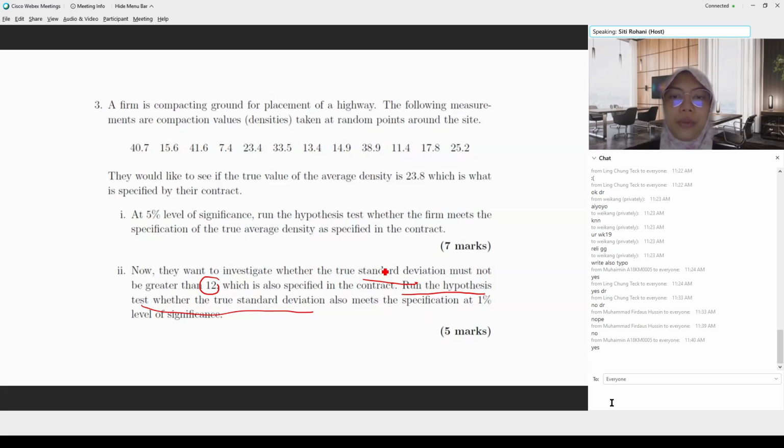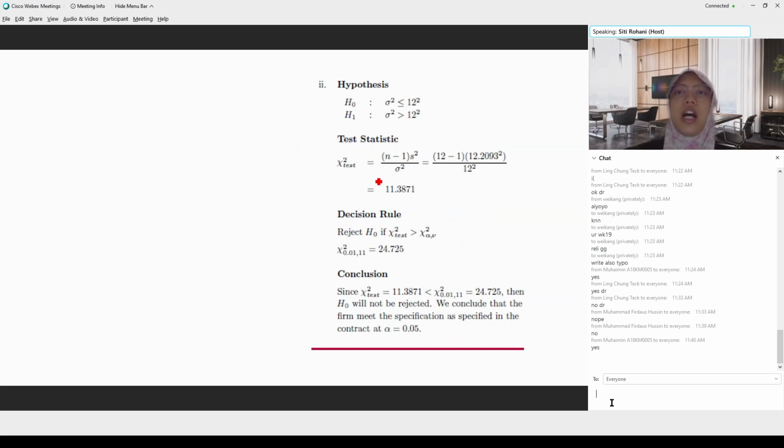So here you need to be careful. Sometimes the value given is for the variance, sometimes the value given is for the standard deviation. However, for this case, since the value given is for standard deviation and they ask you for the true standard deviation, for hypothesis testing for standard deviation, you just do like the hypothesis testing for the variance.